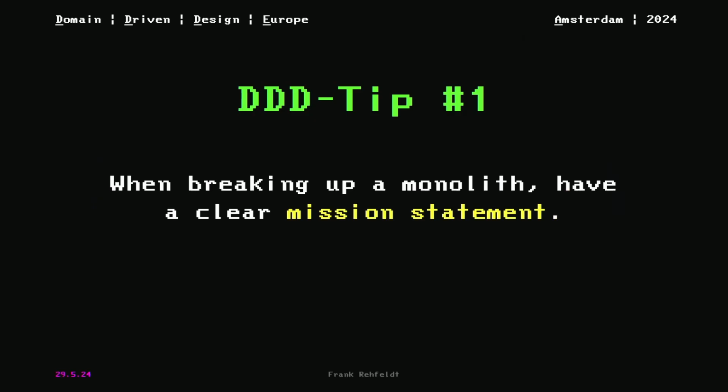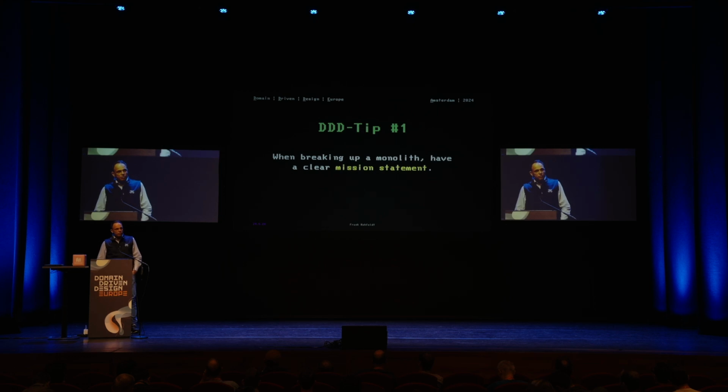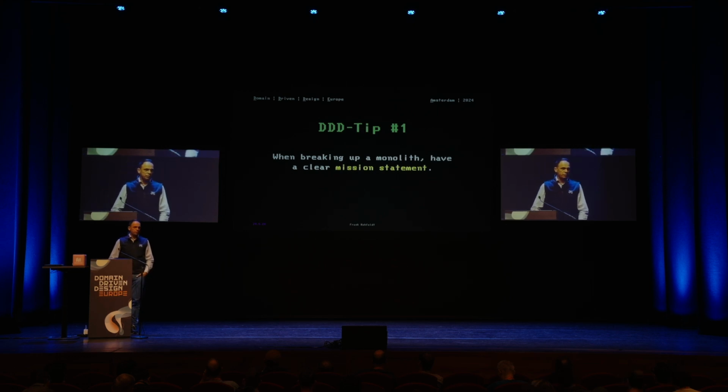Because what I have seen all too often is that people have maybe 10 mediocre reasons why they want to restructure this monolith, but 10 mediocre reasons do not add up to one compelling reason. And you know how this goes, right? The people that are skeptical about your project pick the weakest argument, try to refute it, and thereby undermine your whole restructuring effort.